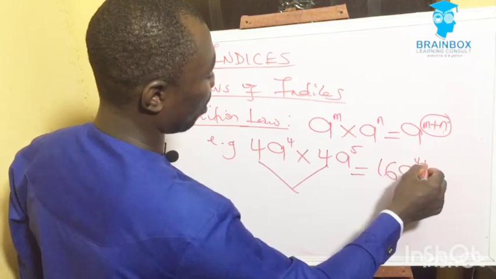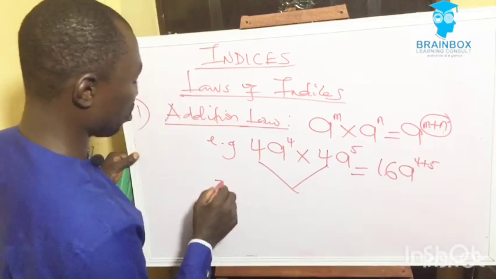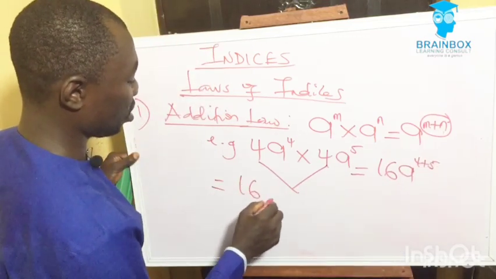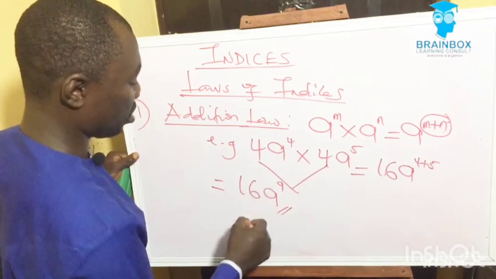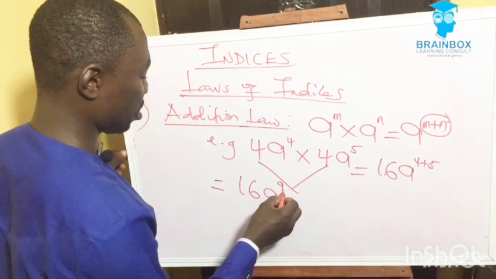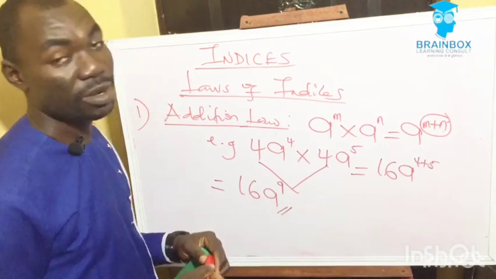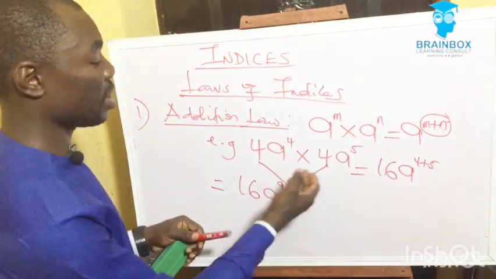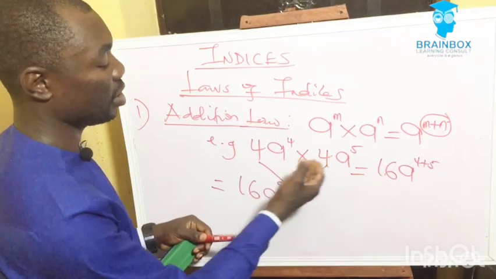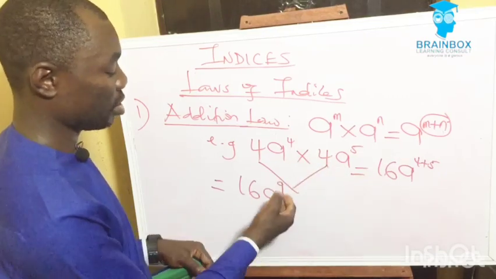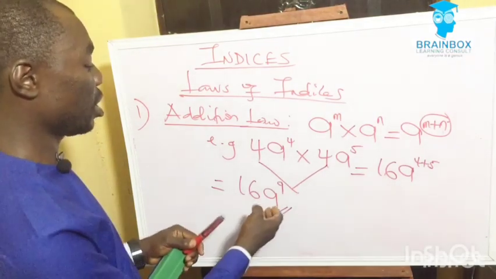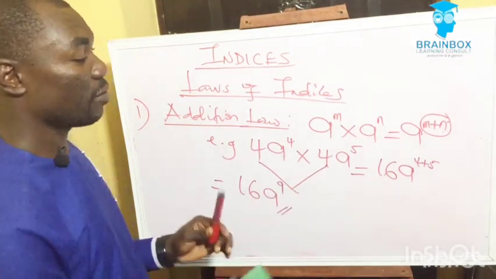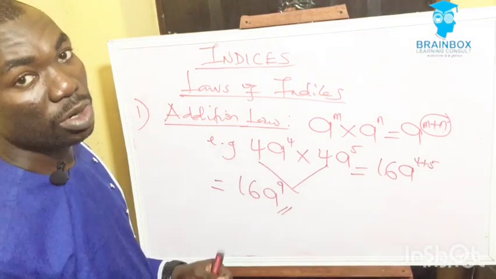That will be 4 plus 5. So we're having 16a raised to the power of what? 9. For the sake of explanation, you can fix any quantity there, any alphabet there, and you will get that same value. So this is 16a raised to the power of 9, following through the addition law.